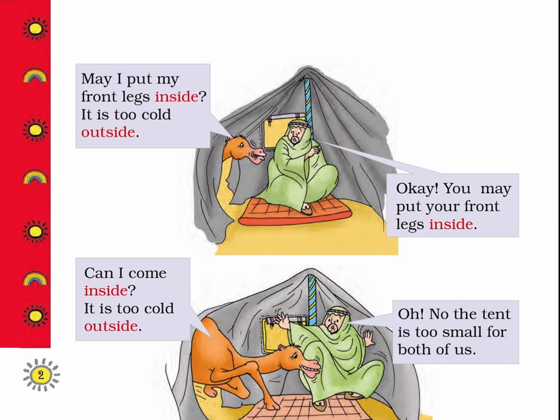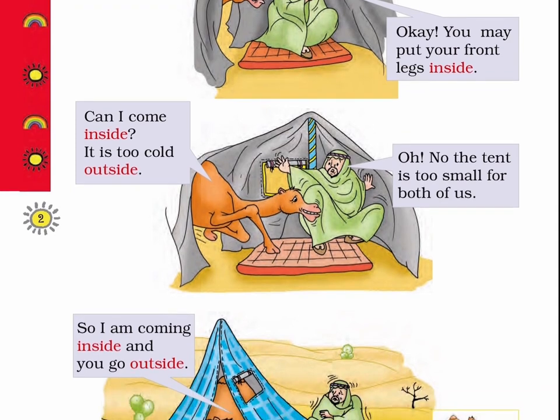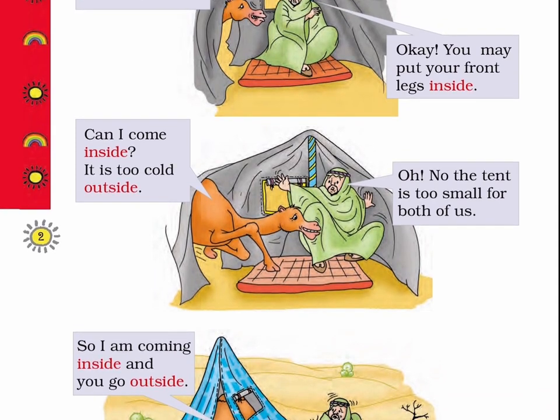Picture 2 shows a surprised Arab and the camel's one front leg inside the tent. A speech bubble shows the camel asking, Can I come inside? It is too cold outside.